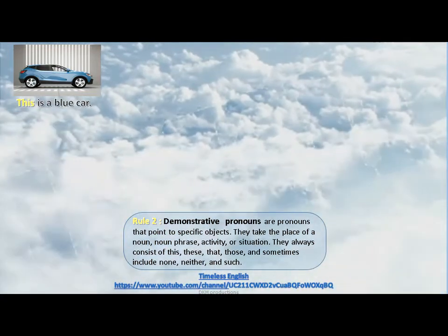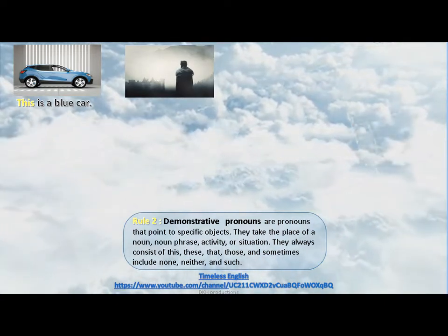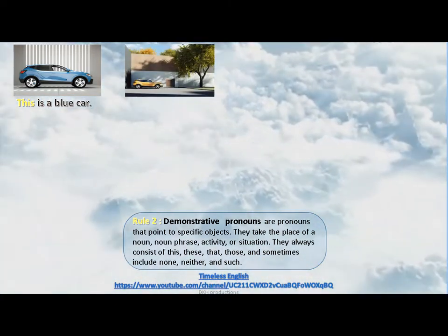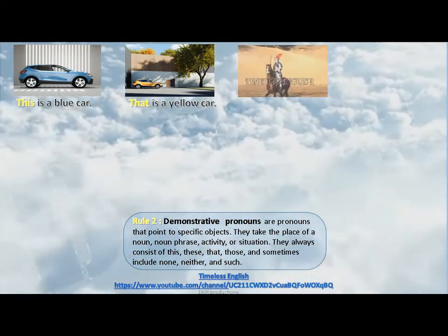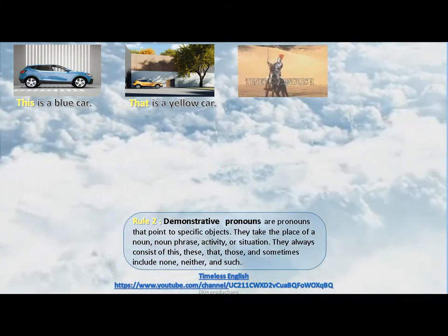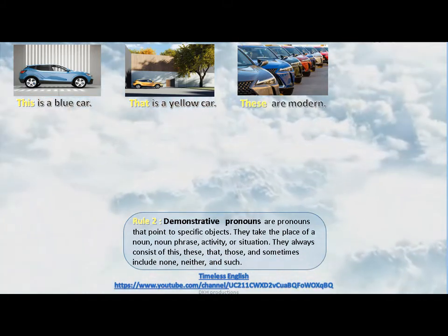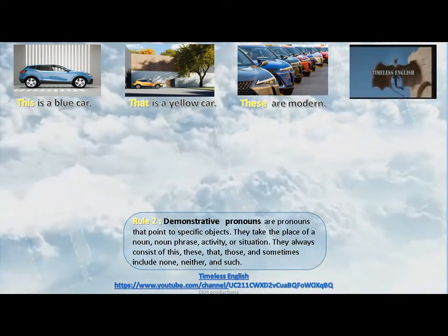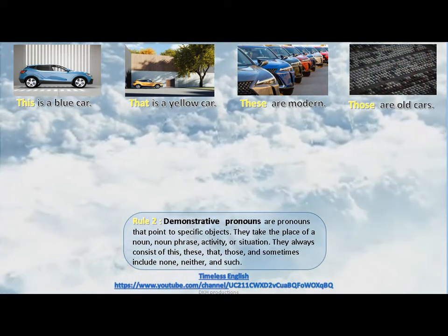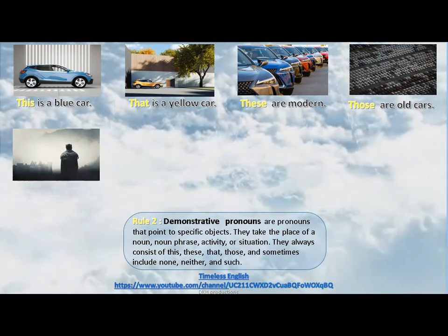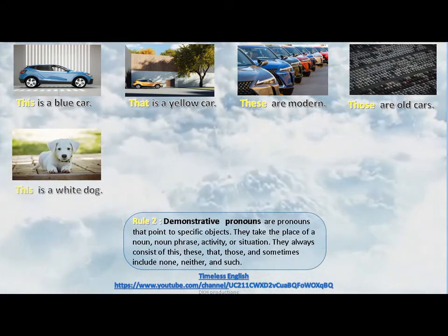This is a blue car. That is a yellow car. These are modern. Those are old cars. This is a white dog.